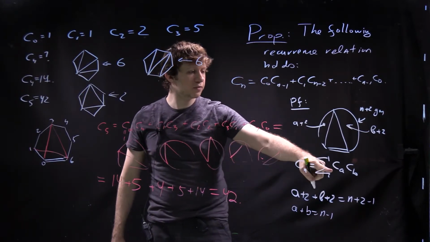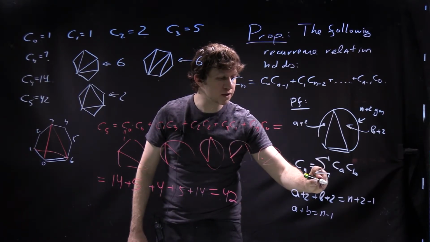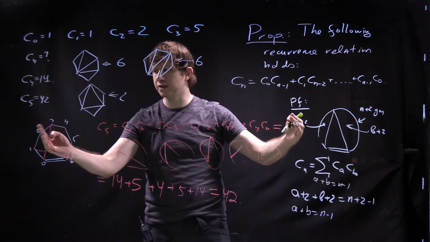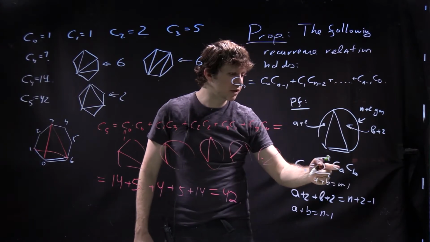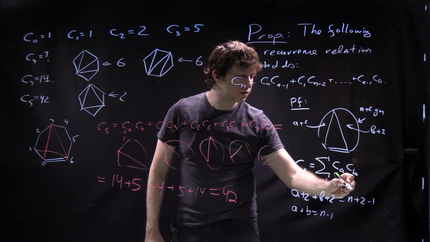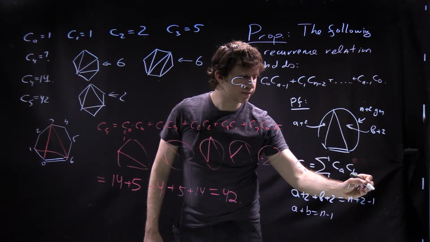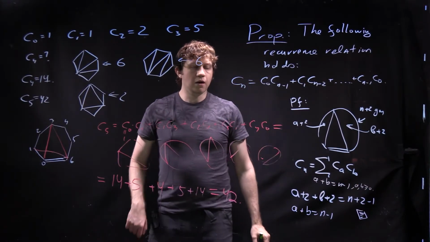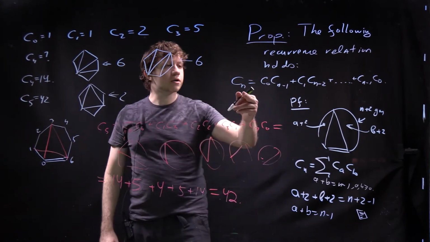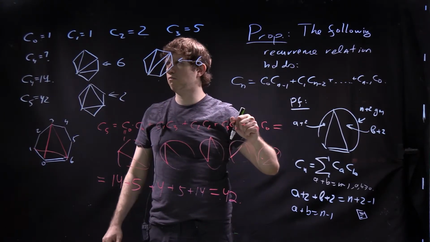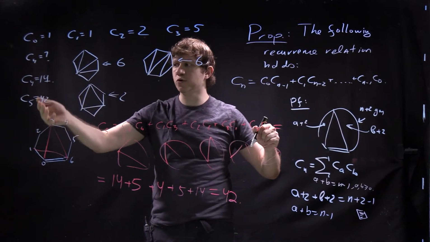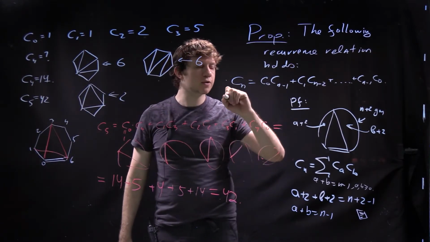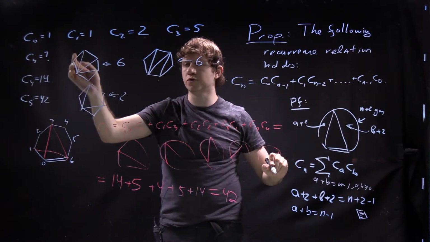And so we sum up Ca Cb over a plus b equal to n minus 1. And of course, we'll start with these two-gons at the endpoints, so it means that a and b are greater or equal than 0. So that's it. That's the proof. Okay, and so this recurrence holds, and so of course it gives a way to compute all other Catalan numbers. There is a unique sequence defined by this recurrence plus the first two terms, for instance.